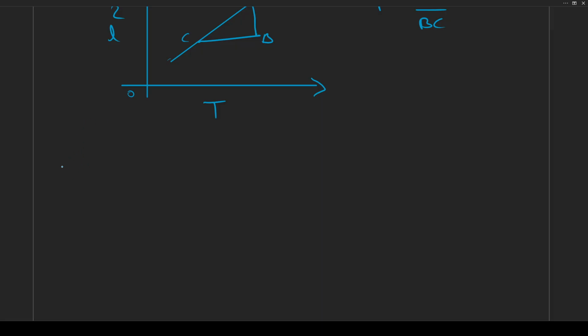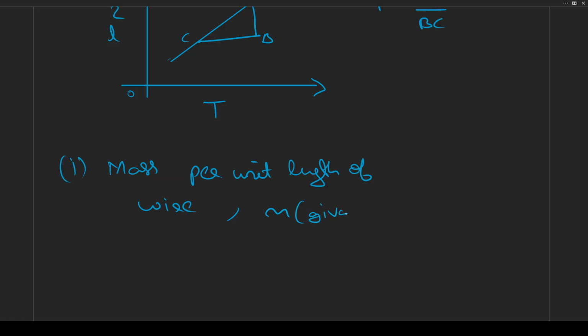What is given for us? One, the mass per unit length of wire, which is denoted by small m. It is given for us, which is equal to some kg meter inverse.